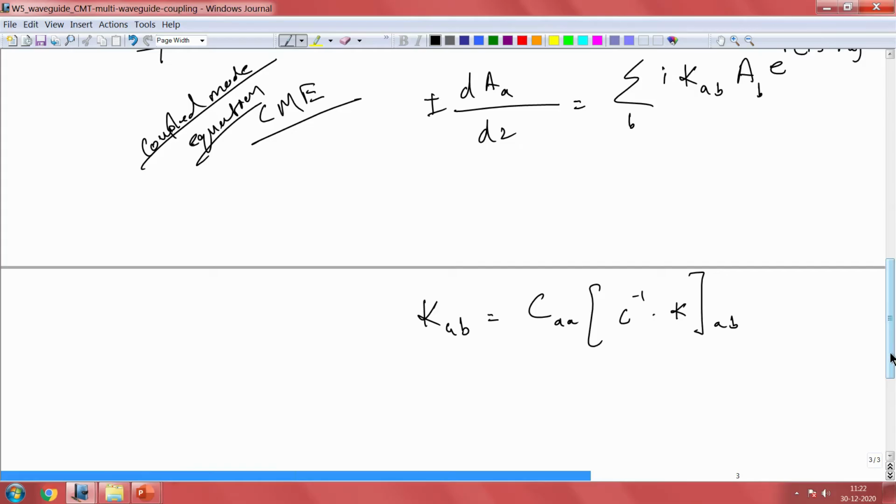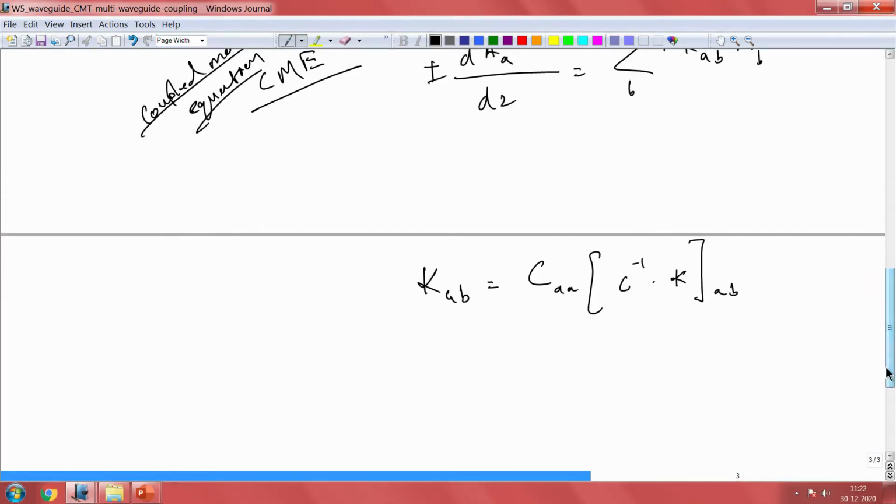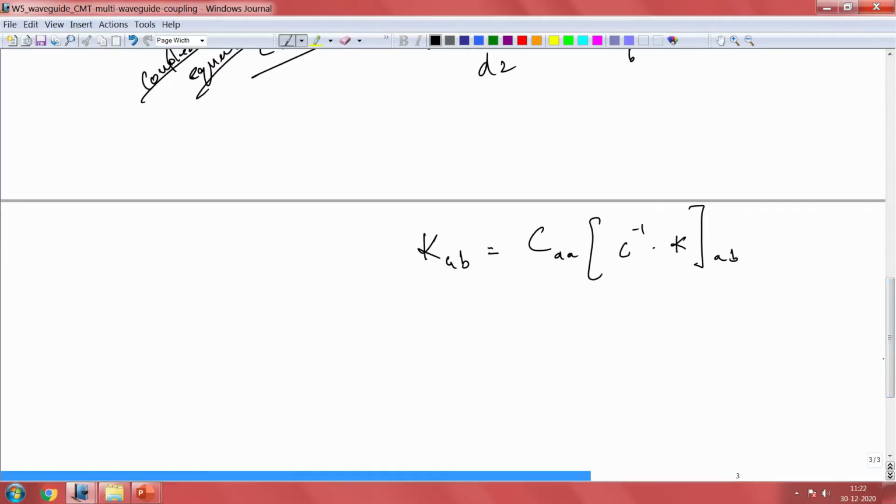This is when the wave is propagating forward. So, C_AA is just 1, and it is minus 1 if it is propagating backwards. C_AA will be equal to 1 when it is forward, and minus 1 for backward.